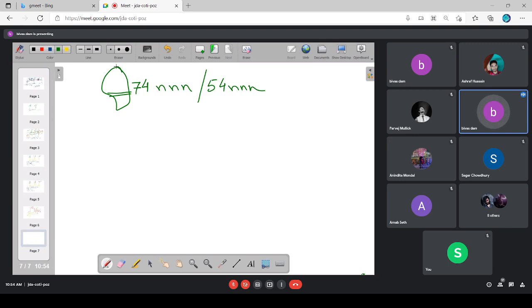I'm not bothered about that. By seeing whether it is 74 or 54, I can readily say it is a TTL logic gate.